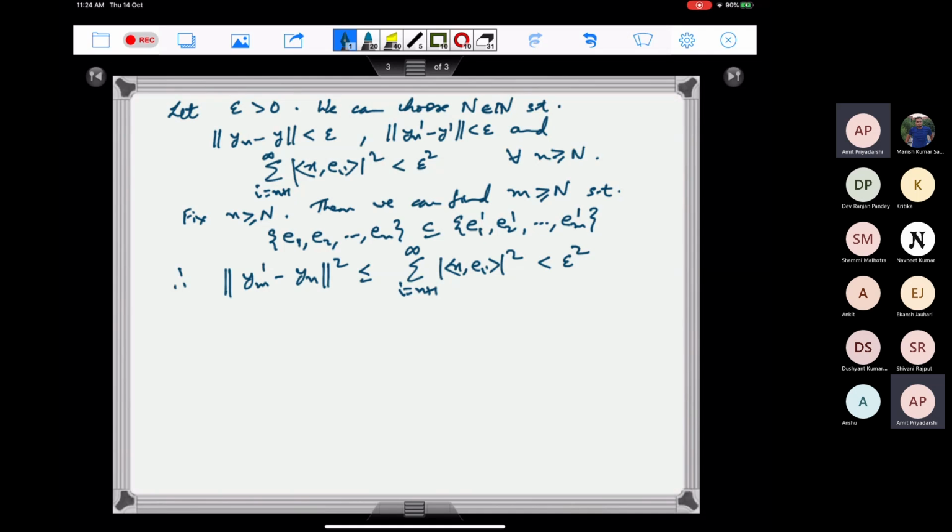Because this converges to y dash and this converges to y, we can show that y dash equals y.